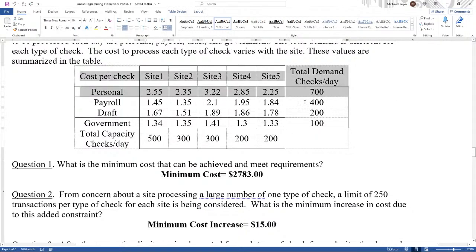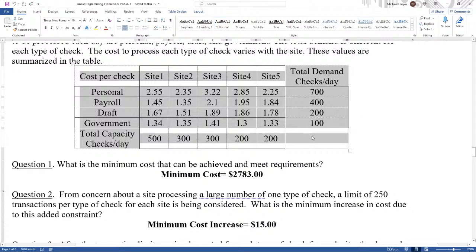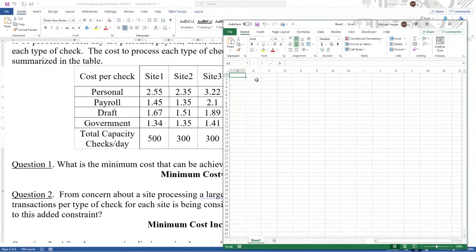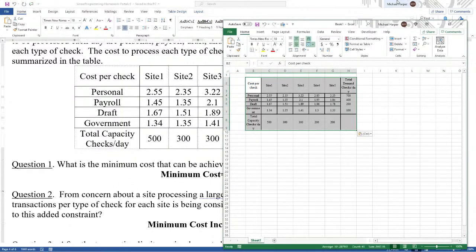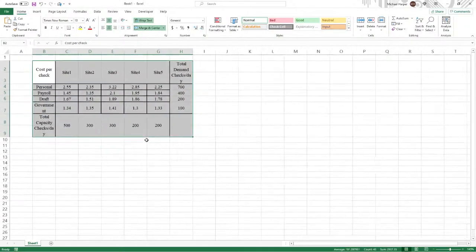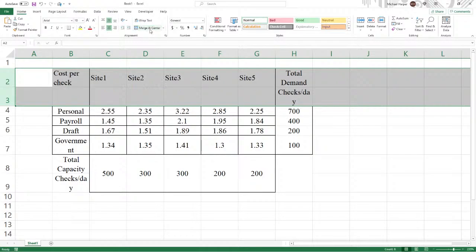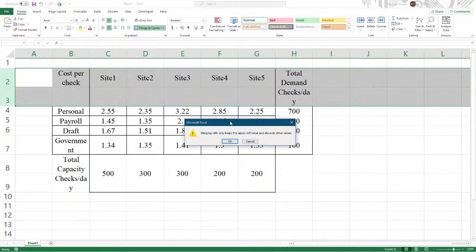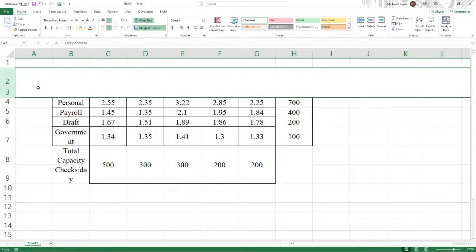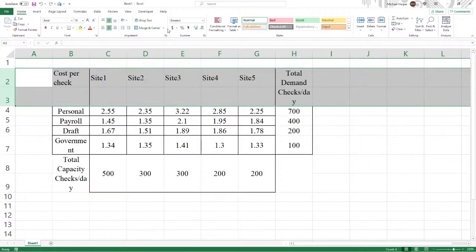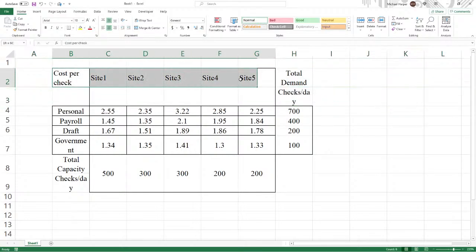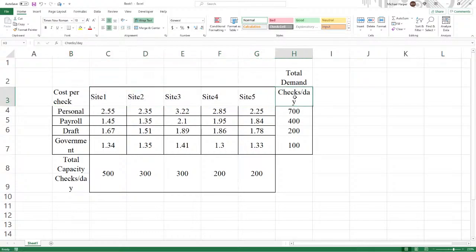So let's take this, Control C, and let's bring up Excel and solve the problem. Come down a ways. Let's merge these cells. Oops, I want to unmerge them. There we go. We'll bring this down. We don't need this.